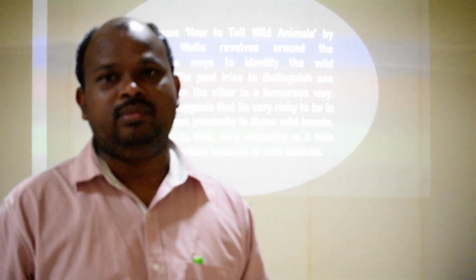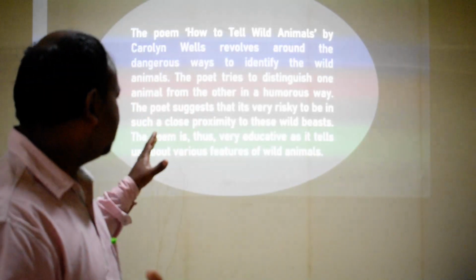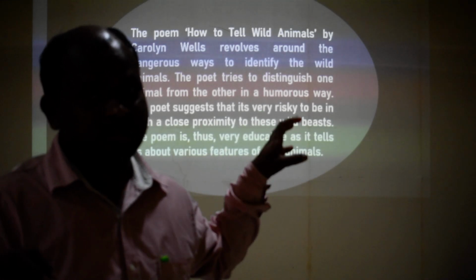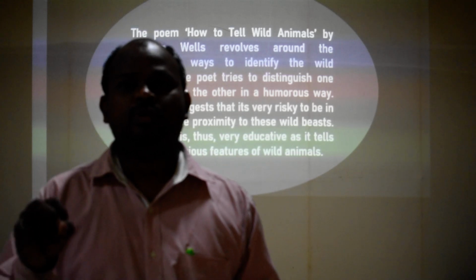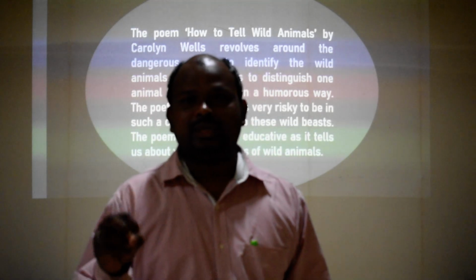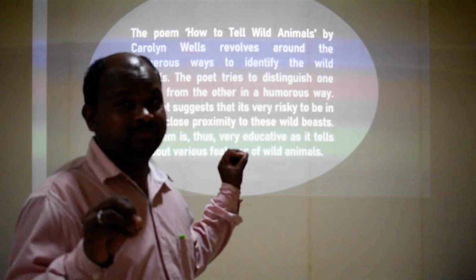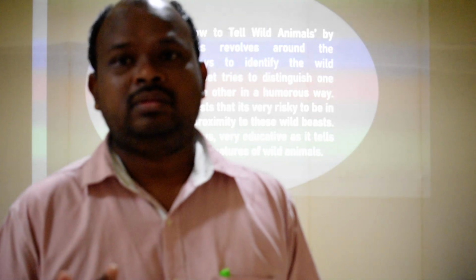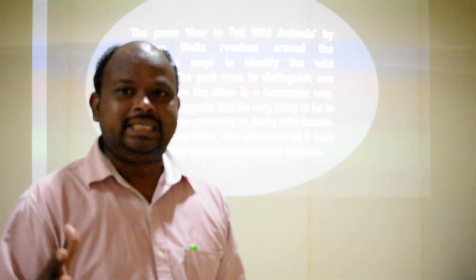We can't be with animals, especially the wild animals. And that is the theme of the poetess. She is trying to tell us the same thing. So it is for an educative purpose, so that we are able to learn how dangerous they are.